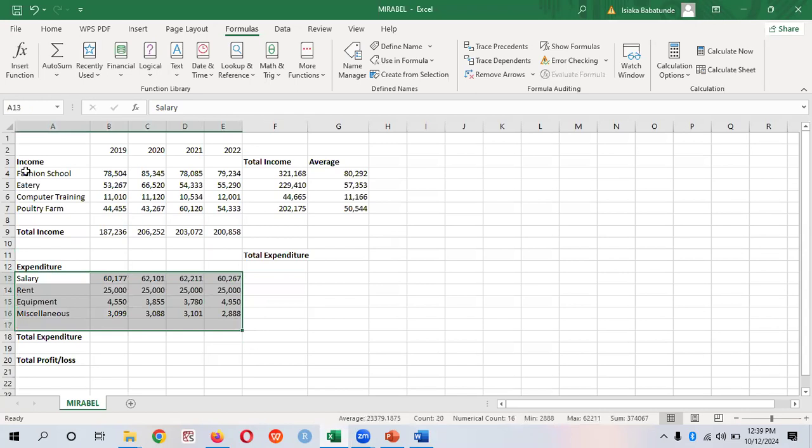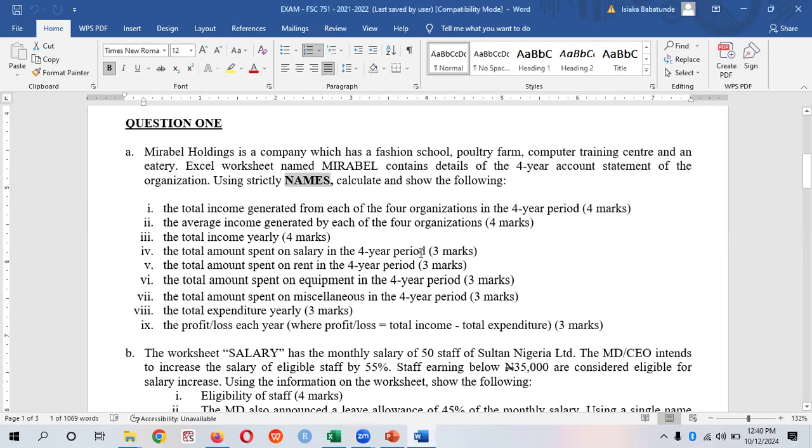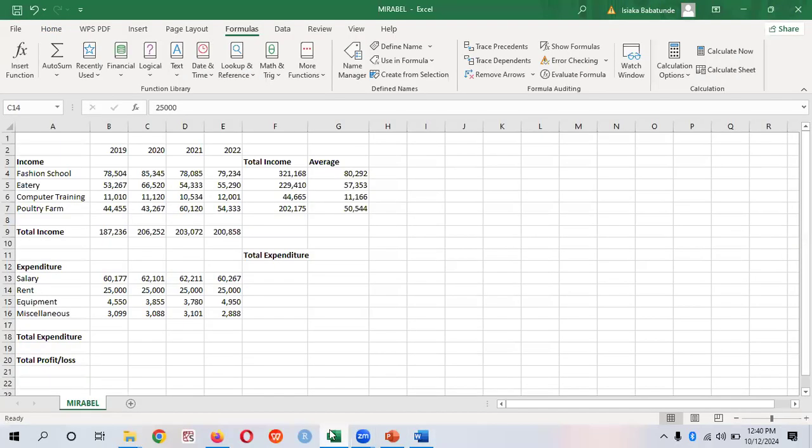This is what the company generated. So now, let's go to the second section and we'll answer the practice question we are using. The question says, total amount spent on salary in the 4-year period. That is, how much does the company spend on salary in the 4-year period?